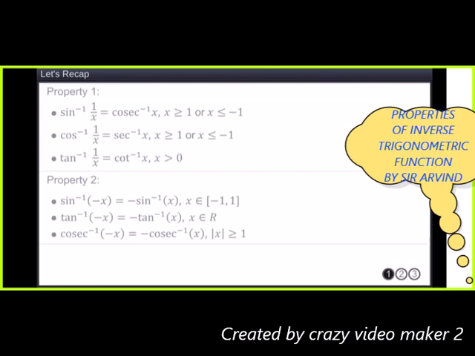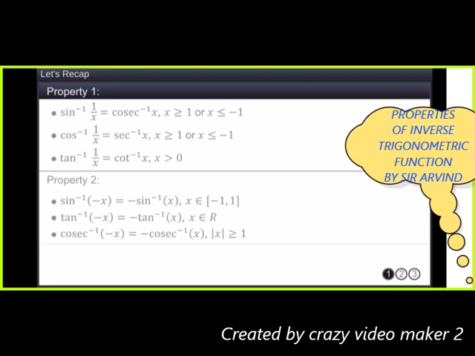So we have just discussed property 1, related to reciprocal of the values. Sin inverse 1 upon x is equal to cosec inverse x. Similarly, cosec inverse 1 upon x you can prove as sin inverse x.